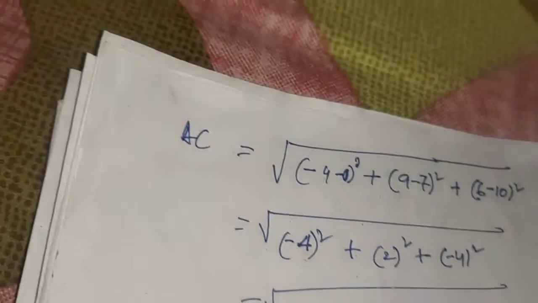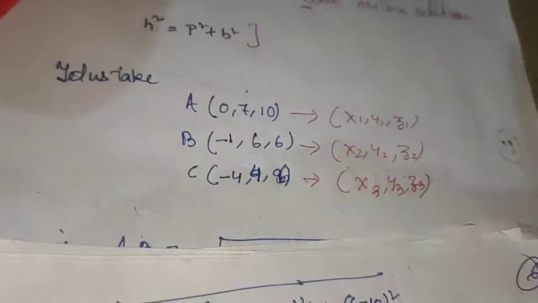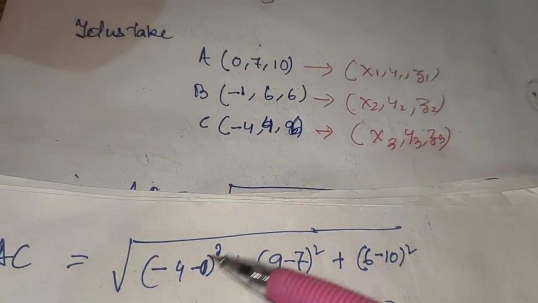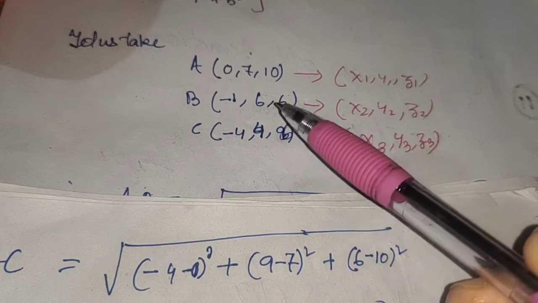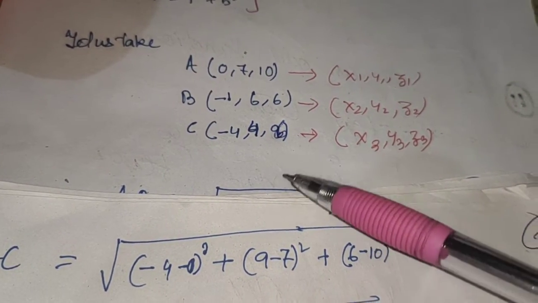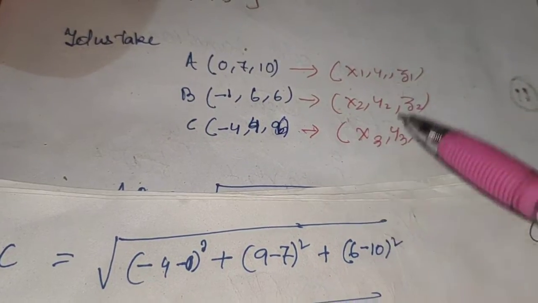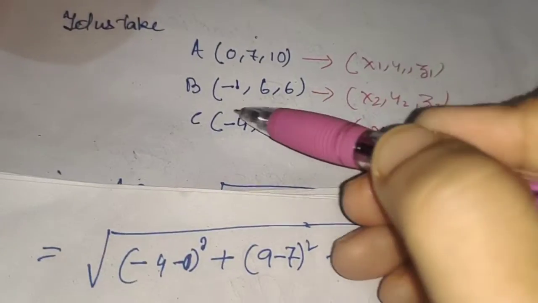Now let us find out AC. So to calculate AC, what we have to do? We have to take A and C, that is x3 minus x1: minus 4 minus 0 whole square, plus 9 minus 7 whole square, plus 6 minus 10 whole square.